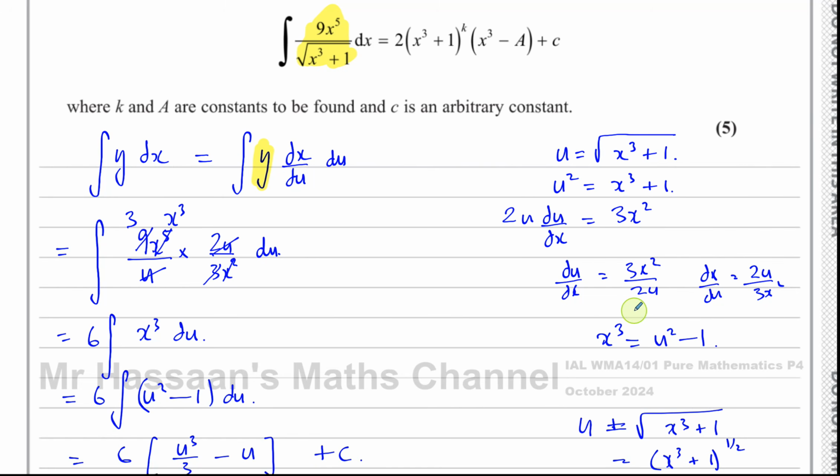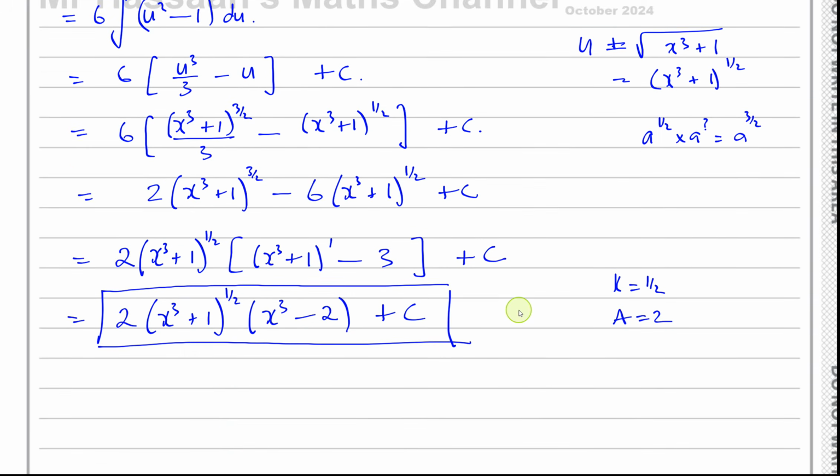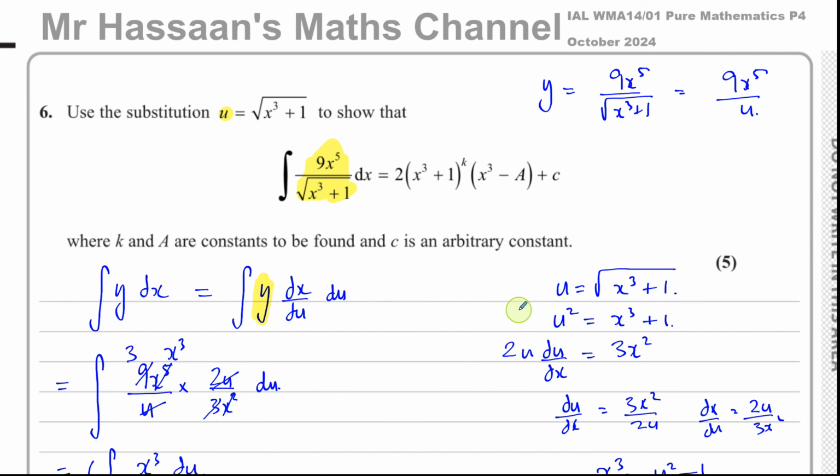I found it made things a bit neater, but the other way that I showed you is also perfectly valid. So there's the answer to question number 6. It's only 5 marks, quite a short question. I think that's why this paper has 10 questions on it. Anyway, that concludes this question from the October 2024 Pure Mathematics P4 paper.